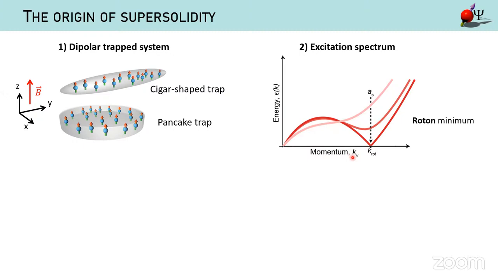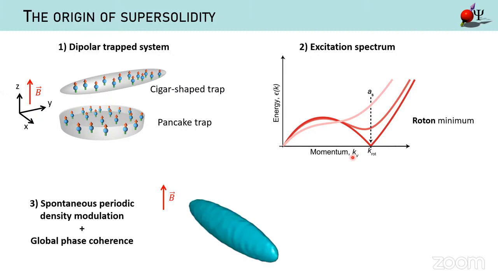This means that if you start from, for example, a Bose-Einstein condensate in this elongated direction, and you tune the scattering length such that this condition of zero energy gap is satisfied, the system will develop a spontaneous density modulation, forming these density peaks that we usually call droplets.